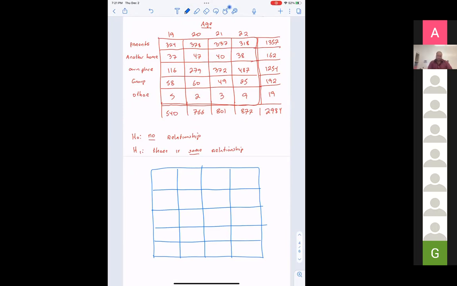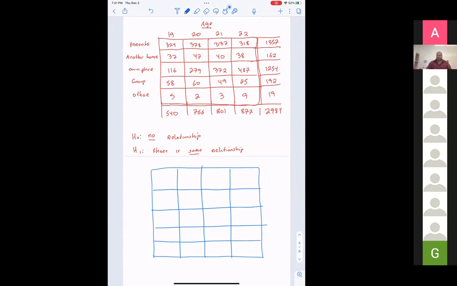So here's what you do. You take the 324 and you go all the way to the right, the margin over there, and all the way down, the margin over there, and you multiply them. So multiply the 2 marginal values for the top left cell, 324. When you multiply 1357 and 540, what do you get? 732,780.